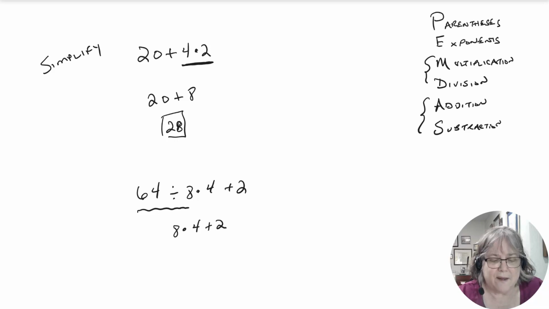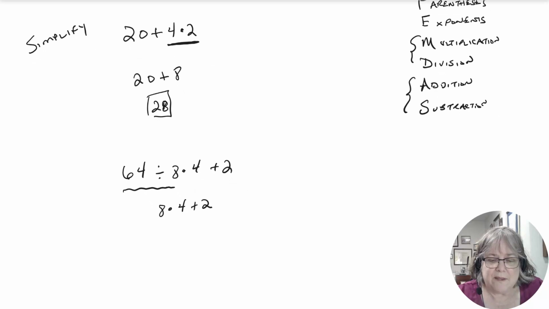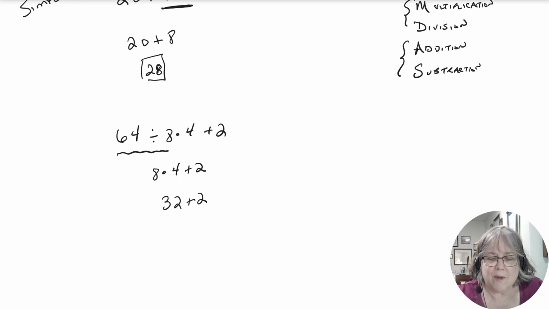Everything else stays the same. I'm still on this multiplication or division level, so I have another multiplication left. So 8 times 4, 32. I've done all my multiplications and divisions. So do I have any addition or subtraction? Yes, I do. I have an addition. So this is the simplification of that one.